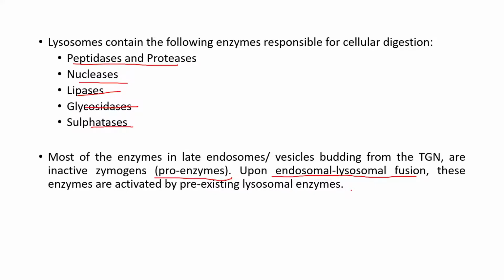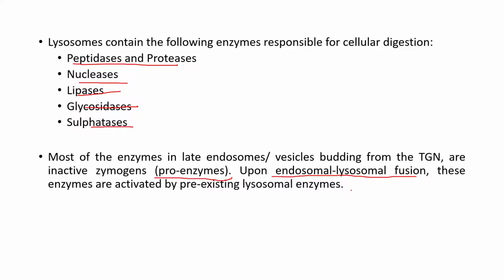Now, why are these enzymes transported as zymogens and not as active lysosomal enzymes? If they are matured and transported as active lysosomal enzymes from the trans-Golgi network itself, there is a possibility that these enzymes may end up reaching the cytoplasm and carrying out their functions in the cytoplasm and destroying food particles or other organelles, which is not required.